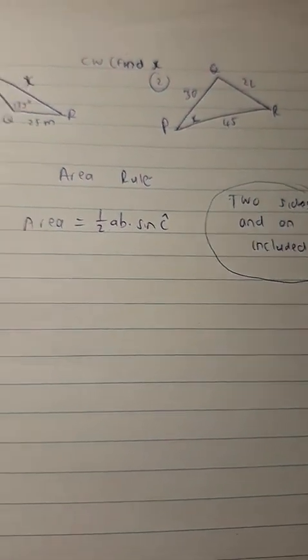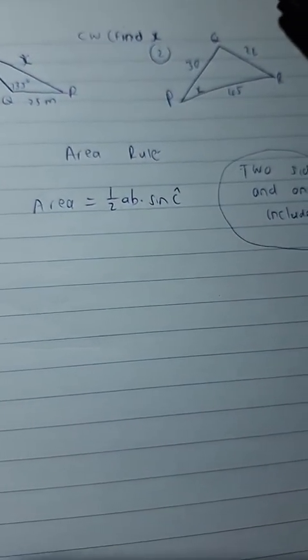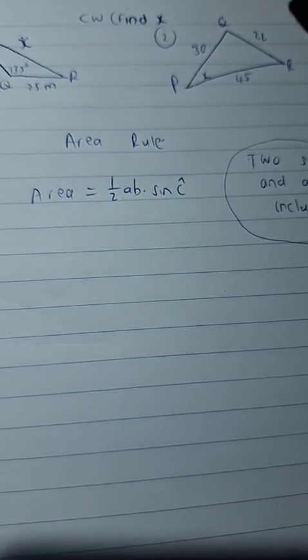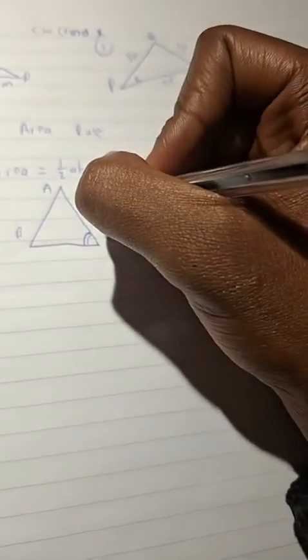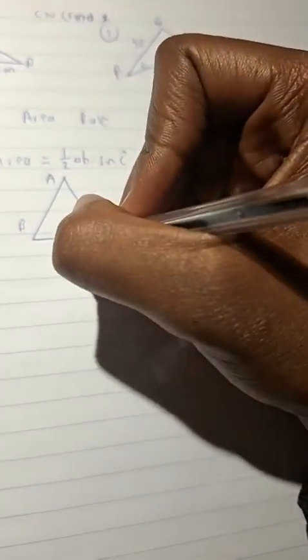Okay, I'm gonna finish off with this rule, then I'm gonna do more the next time, for you grade 11s. So if we have triangle ABC, then of course angle C we have, and we have A, we have B, it's given to us.